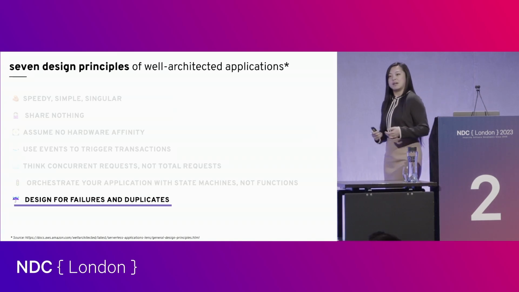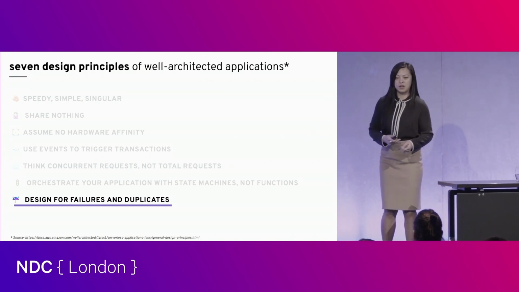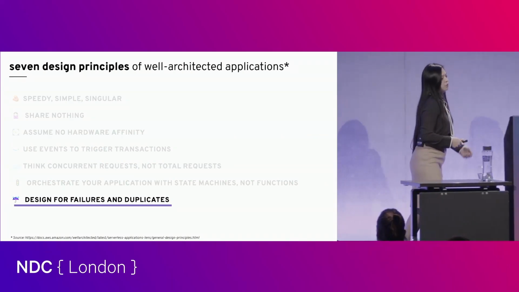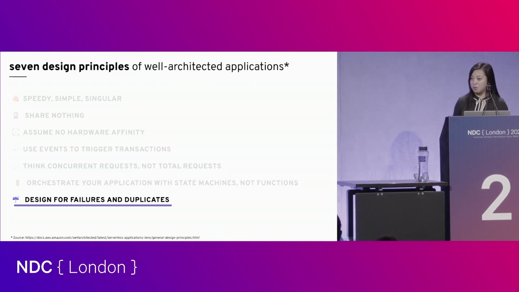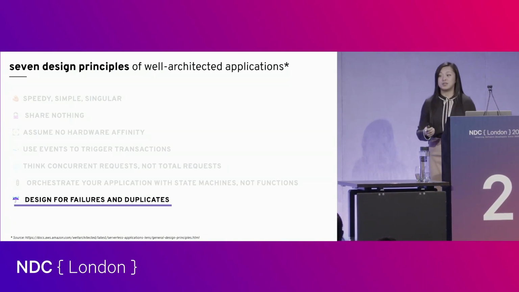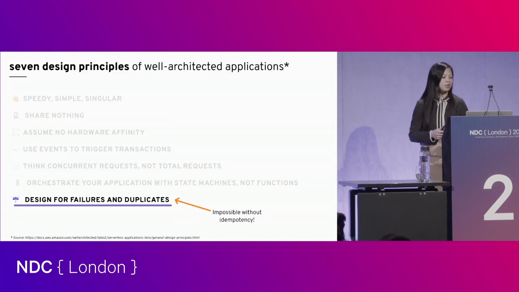This is necessary because things are going to fail. It's been said, we know things are going to fail, and so because we know that, we know that anomalies are going to happen, we need to design a system that incorporates the fact that things are going to fail. Knowing that means incorporating idempotency is key when we want to deal with these failures and duplicate requests.